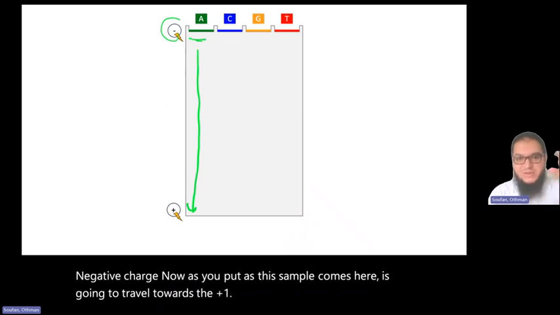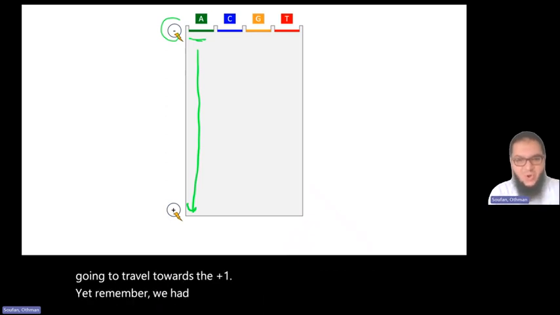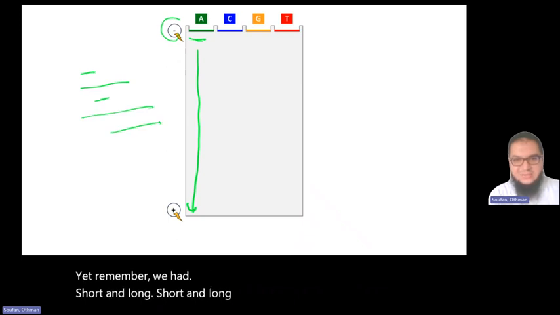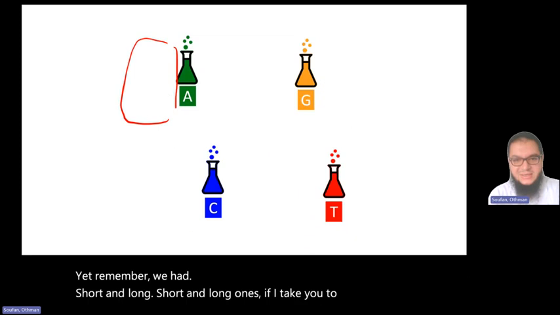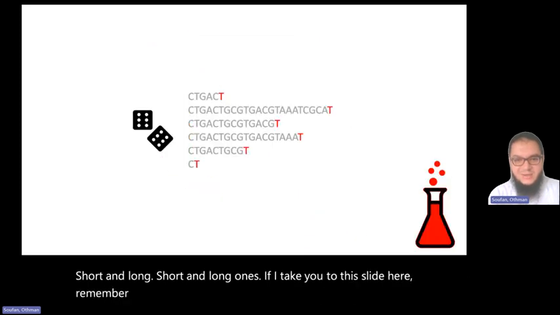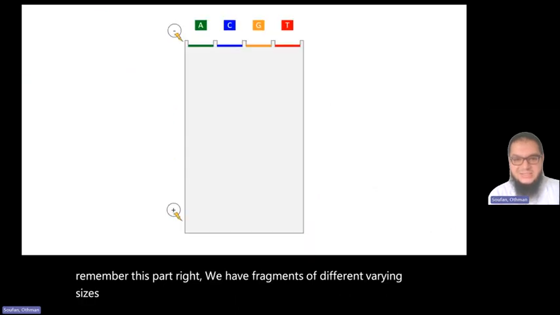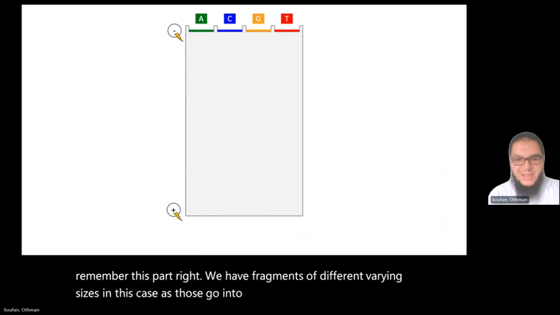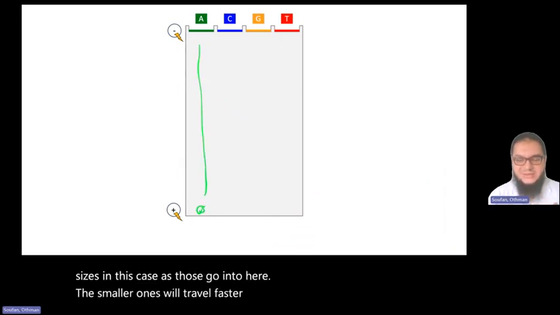Yet, remember, we had short and long ones. If I take you to this slide here, remember this part, right? We have fragments of varying sizes. In this case, as those go into here, the smaller ones will travel faster to here.